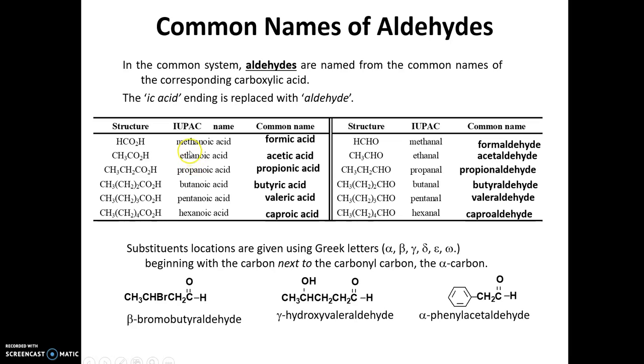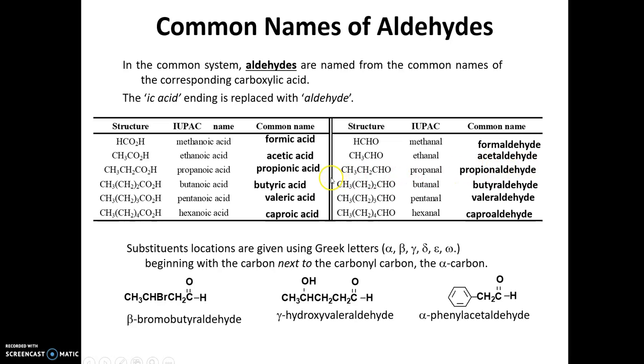When we take methanoic acid, the IUPAC name, the common name is formic acid. In the common nomenclature of an aldehyde, the ic acid is replaced with aldehyde, and it is called formaldehyde. Likewise, in acetic acid, the acid is replaced by aldehyde, and it is called acetaldehyde.